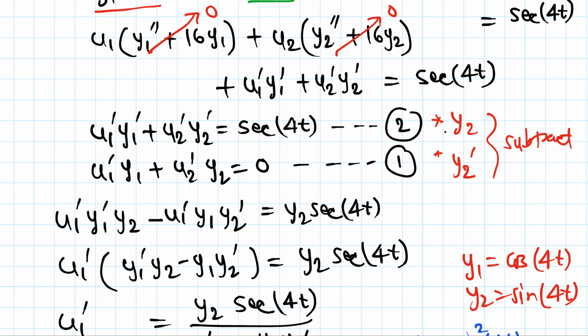I am planning to cancel these now. So I'm going to multiply by y1, multiply by y1 prime, and subtract. That way I can cancel the first terms.